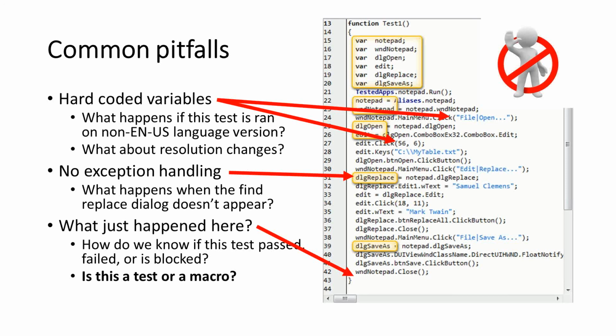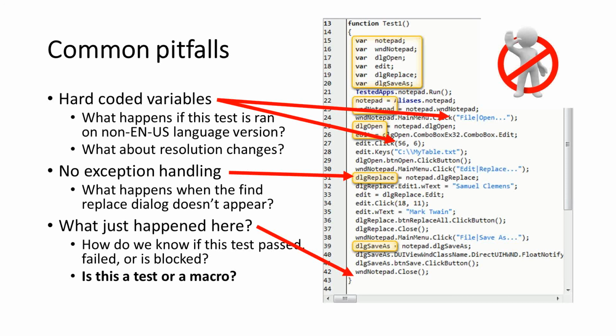Well, there's a reason why it does that, and that's because it's poorly designed to begin with, and we hard code test data, we hard code other things that should be variables in our tests. So in this particular case, I'm looking at the example that I'm using, and I see file open, and I see edit replace, and this is quite fine if this test is only to run on an English language version.